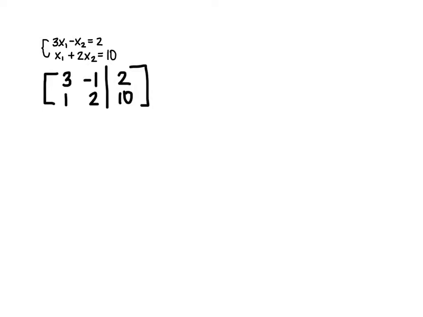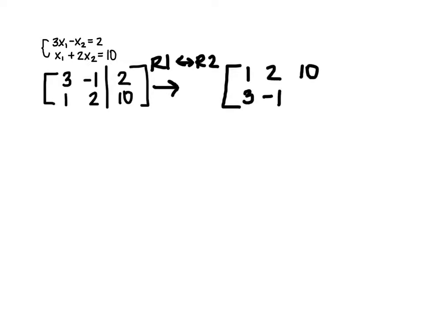If I switch row 1 and row 2, I'd already have the 1 taken care of. So my first operation is going to be interchanging row 1 with row 2. Now I can write it as 1, 2, 10, 3, -1, 2. I'm allowed to interchange those two rows.